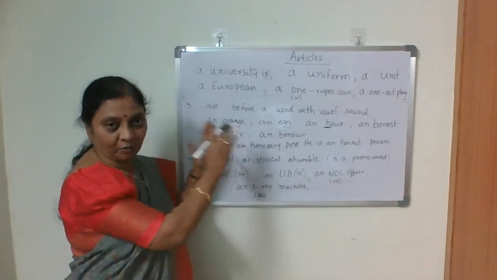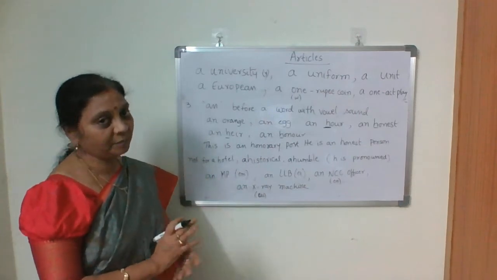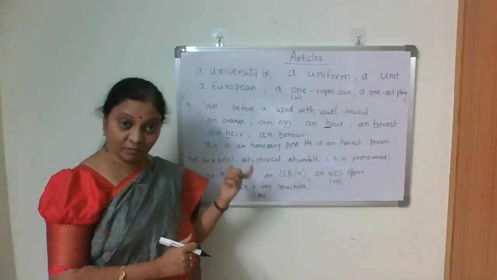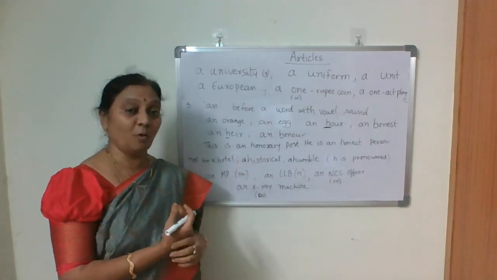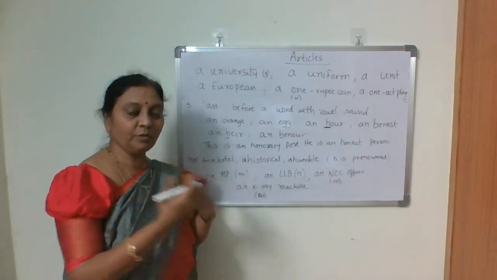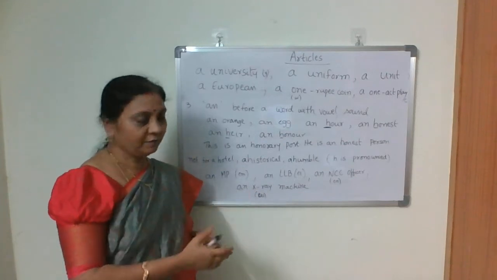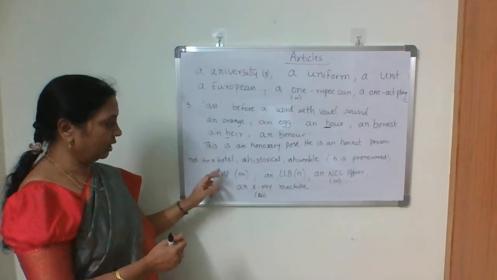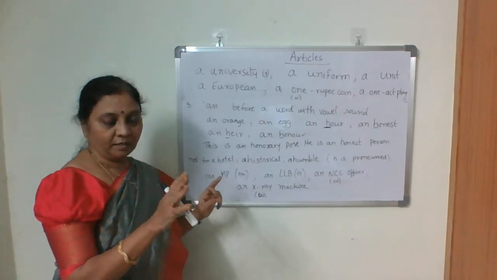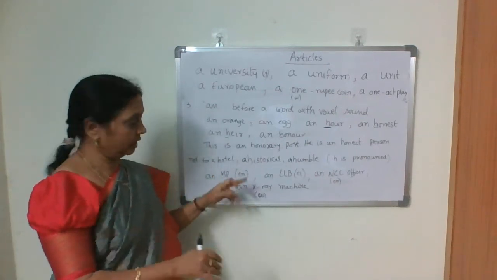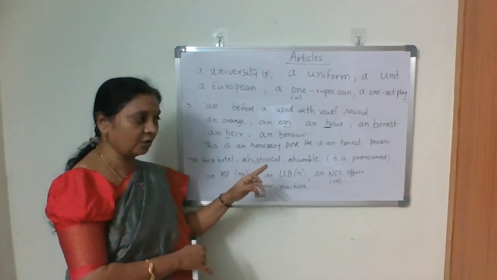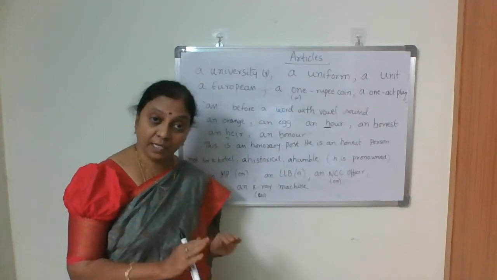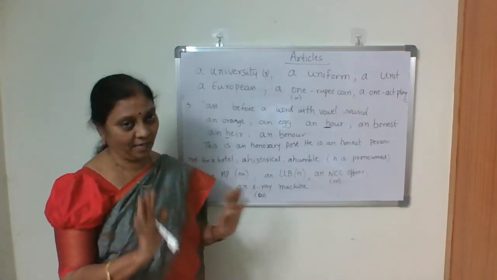So in articles, especially in the usage of "a" and "an", you have to remember it is based on the pronunciation, or the sounds, how they come when we pronounce them. You have to remember these two clearly. But if H is pronounced as such in words like hotel, historical, humble, then you have to write only "a" but not "an".